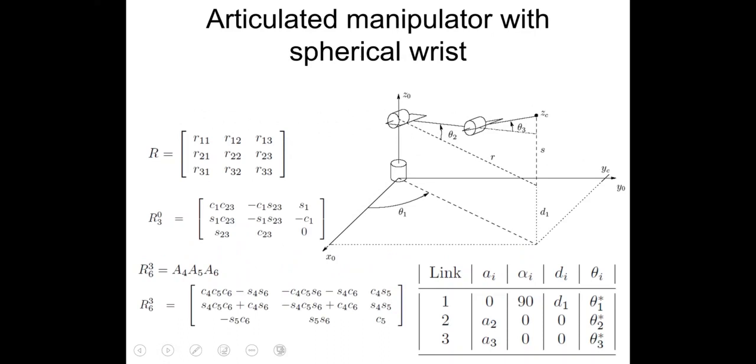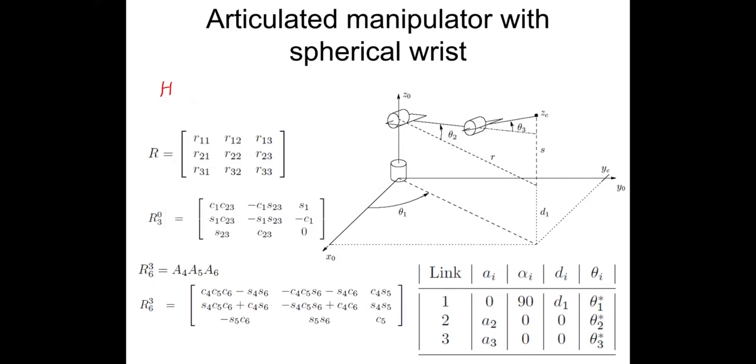Okay, as we talked about in the kinematic decoupling, if we can calculate R30, we can then use the decoupling to calculate R63. Now, because we already know the H, which is the final homogeneous transformation matrix, it means that we already know the R, because R is the first 9 elements in the H matrix.